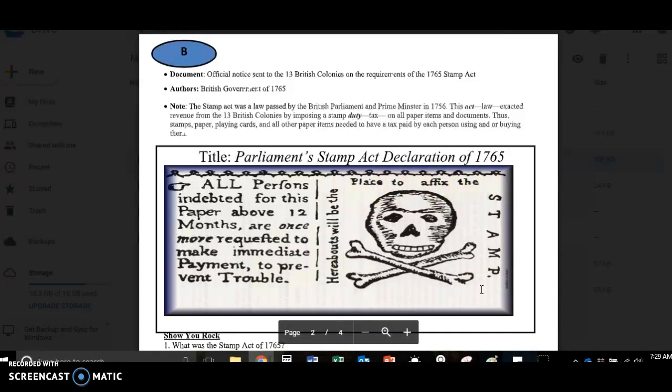Now that I've given you some historical context, some historical background on what the Stamp Act was, who created it, and who was supposed to follow the Stamp Act, go ahead and answer the Show You Rock questions for document B. If you need some additional historical help, on Google Classroom, I've placed a link for an additional video on the Stamp Act and also for a short article that you could read on the Stamp Act.